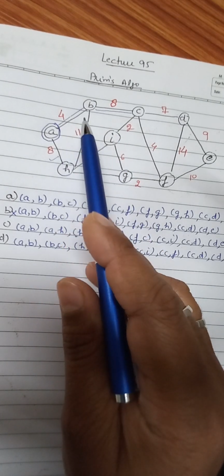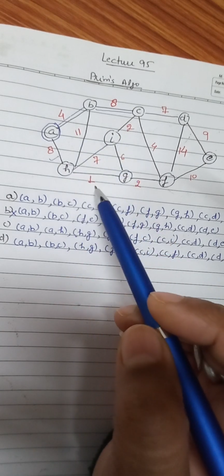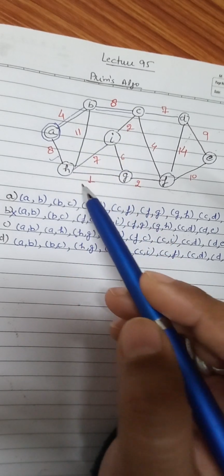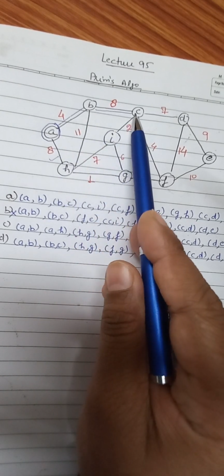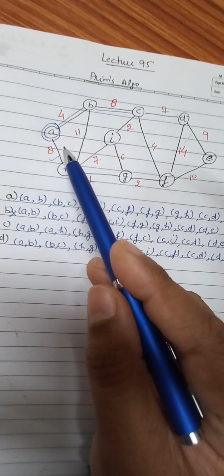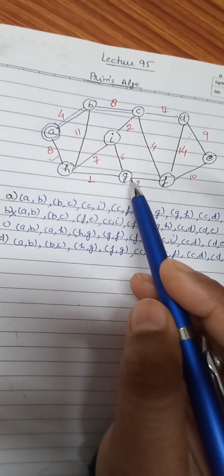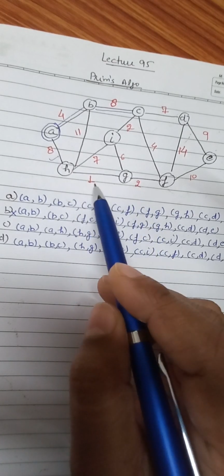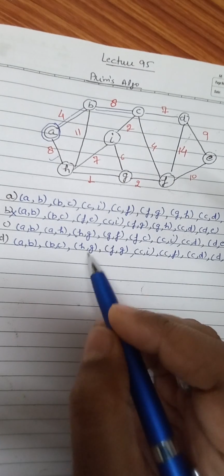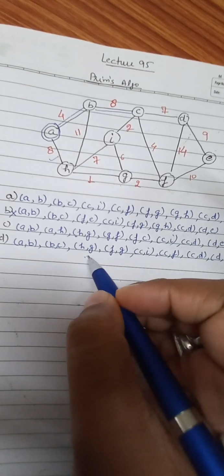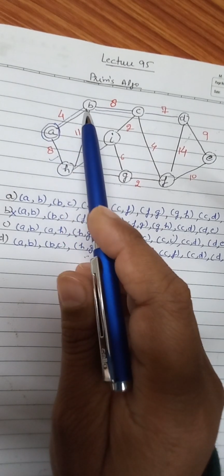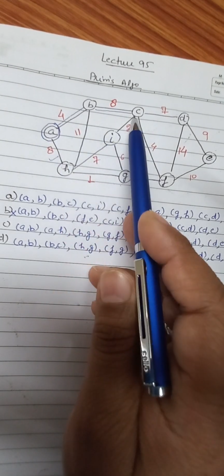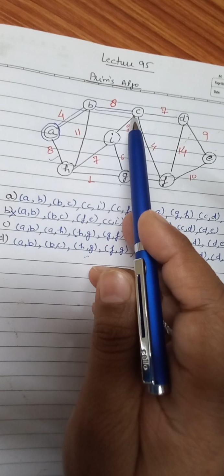Here, if we are following this path, then without using this one, we can't reach HG. So here this is not correct. AB, BC is correct. We start from A, then BC, the next minimum adjacent edge.